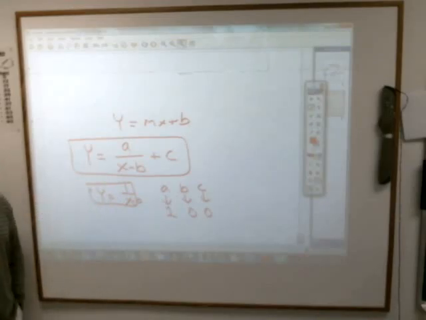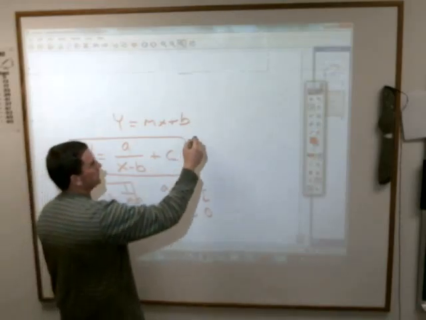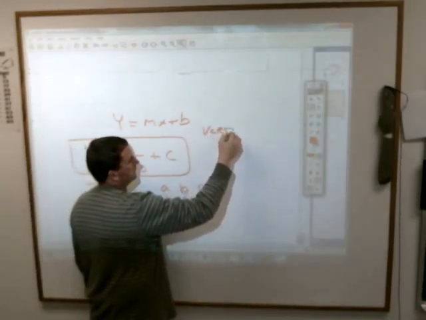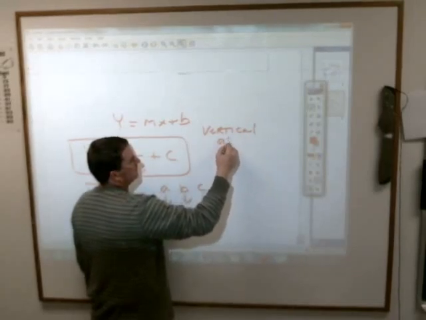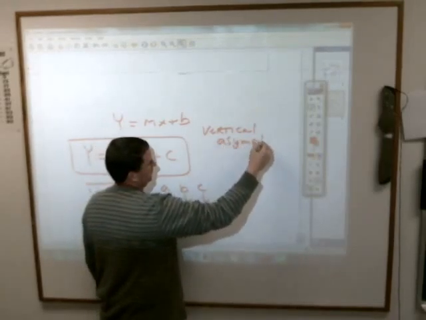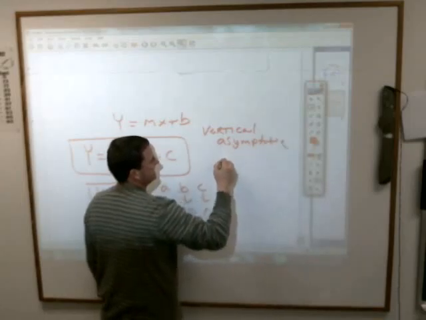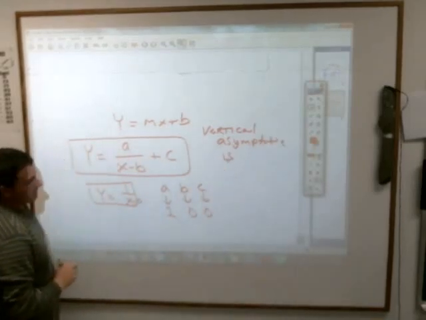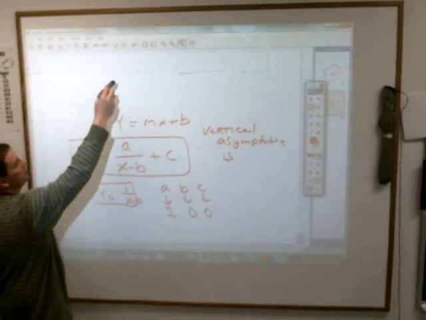So here is what you need to know, and this will clear it all up. If you didn't get any of this, this is all you need to know. The vertical asymptote: let's go back and look at the other picture.